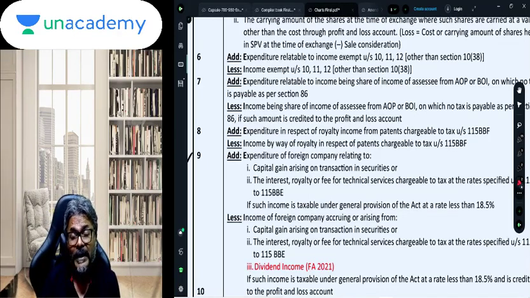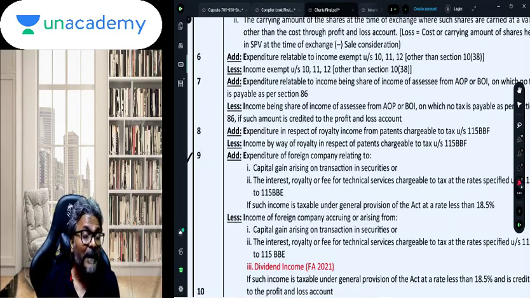Answer is no. In fact, students, as per section 86, in such a case, the share of profit received by the member where the AOP is taxed at MMR, as per section 86, such share of profit is not going to be a part of your total income. So here it will not be a part of your total income, because the AOP is being taxed at MMR, which is 42.744%. MMR for the AOP.